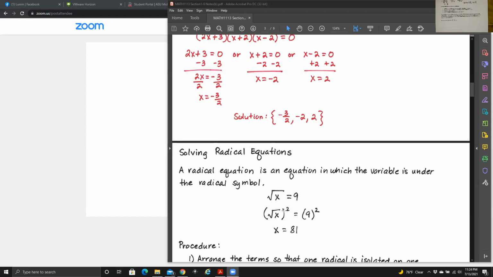If you recall, the opposite of squaring something would be to take the square root. Well, if you have the square root, the opposite would be to square both sides. That eliminates the radical, so the x will come out of the radical. So you just have x, and that'd be equal to 9 squared, or 9 times 9, which is 81. Okay, that's pretty much how you'll solve a radical equation, and that one was kind of simple.